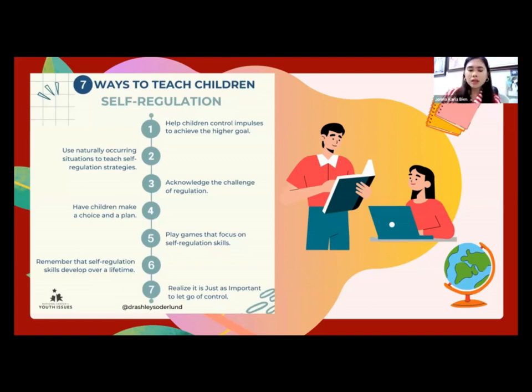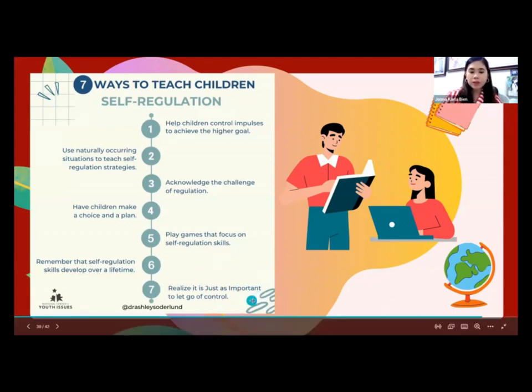It could still be improved. However, it may take some time and it may take some practice. And unang-una, it could be happening as the person accepts and acknowledges that this is something that I have to identify and I have to improve. And realize it is just as important to let go of control.